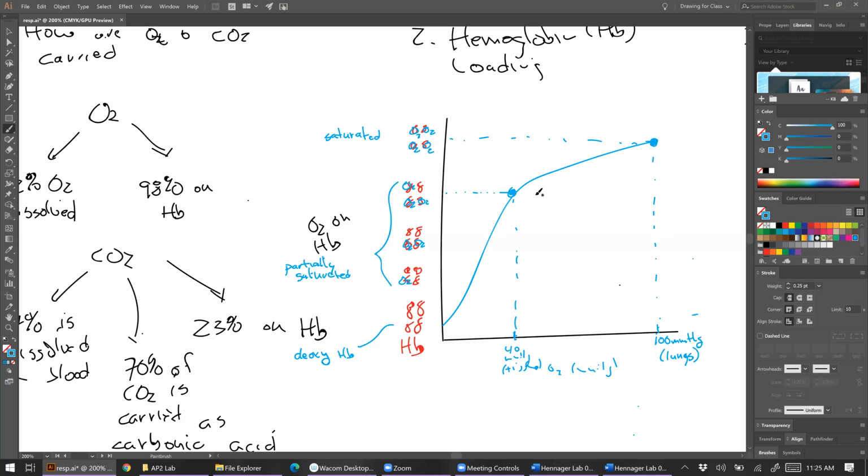What it also means is 3 on hemoglobin here, and it's 4 on hemoglobin.